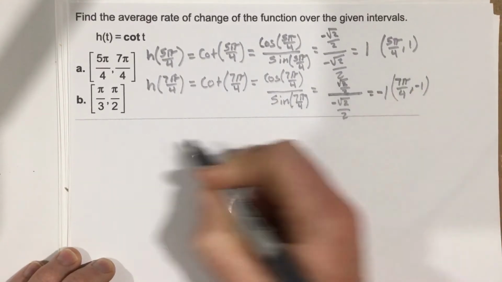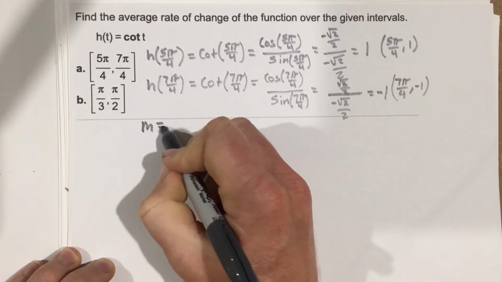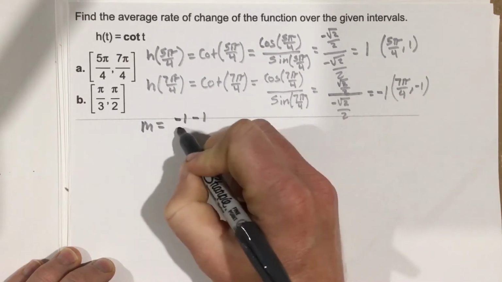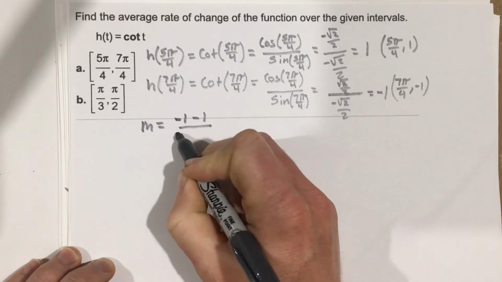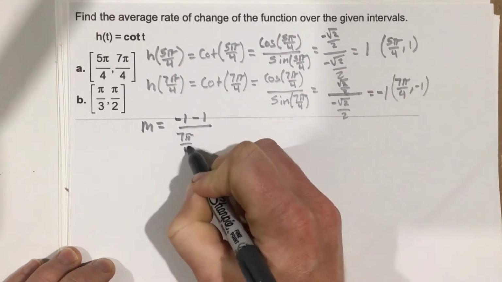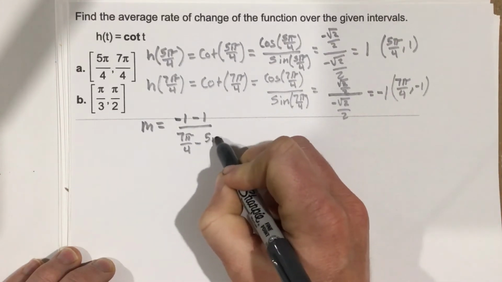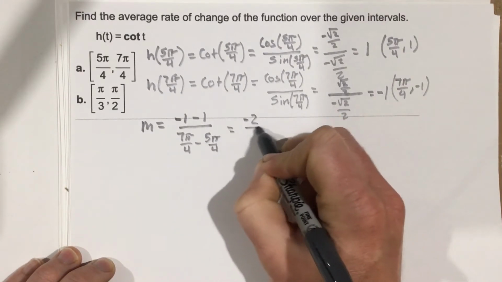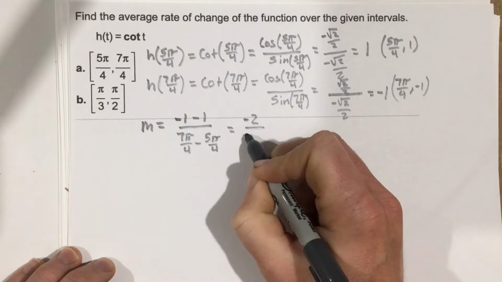Now I need to find the slope, so I'm going to say m equals negative 1 minus 1 over 7 pi over 4 minus 5 pi over 4. This is negative 2 over 2 pi over 4.